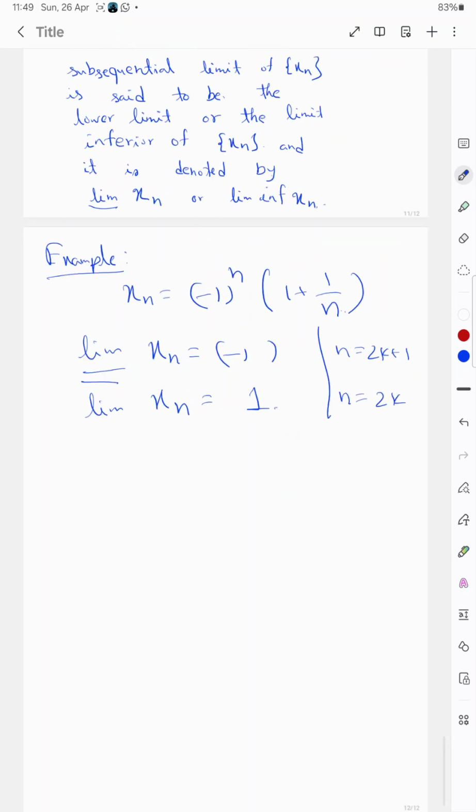Before that, there are some epsilon definitions of this limit supremum and infimum.